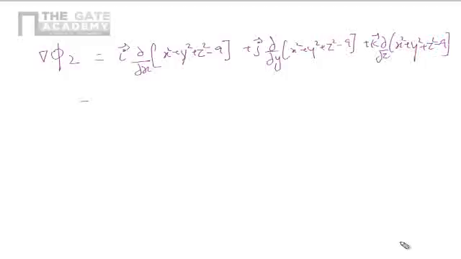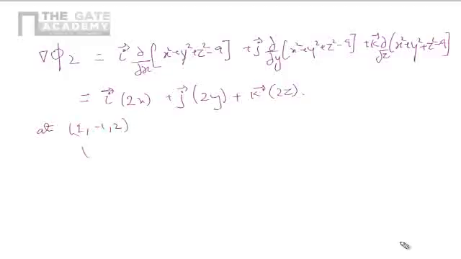If I simplify this, I get i vector times 2x plus j vector times 2y plus k vector times 2z. So at 2 comma minus 1 comma 2, del phi 2 is 4i minus 2j plus, here it depends on z, so plus 4k. Correct? This is what we will get.